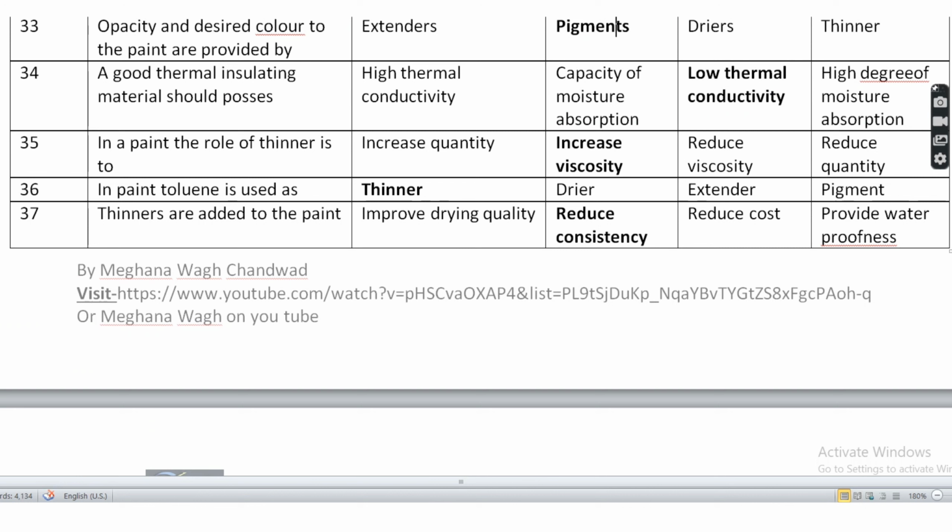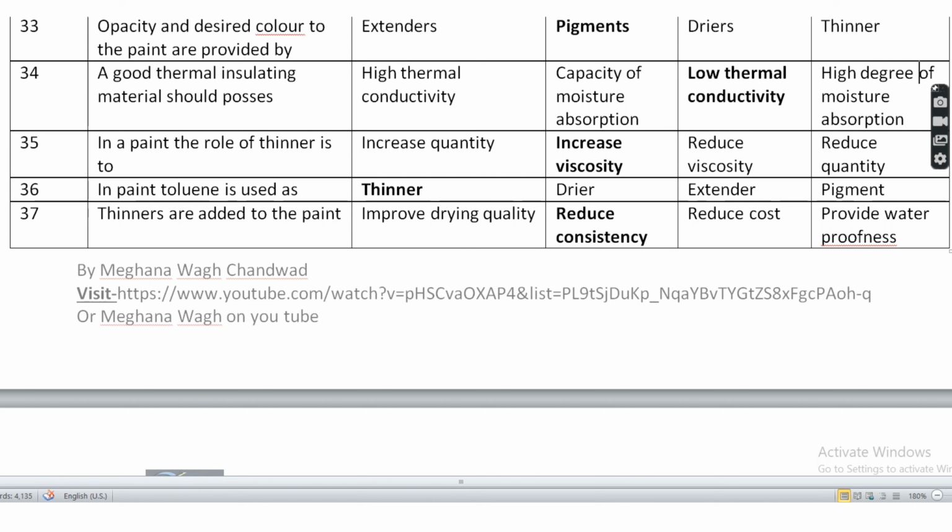Then, a good thermal insulating material should possess which of the following: high thermal conductivity, capacity of moisture absorption, low thermal conductivity or high degree of moisture absorption? It should possess low thermal conductivity. A good thermal insulator should possess low thermal conductivity.